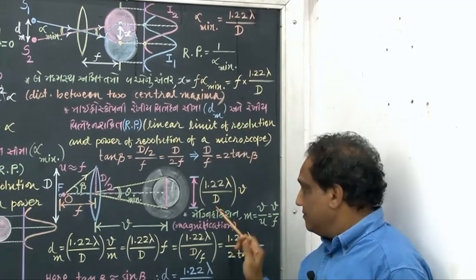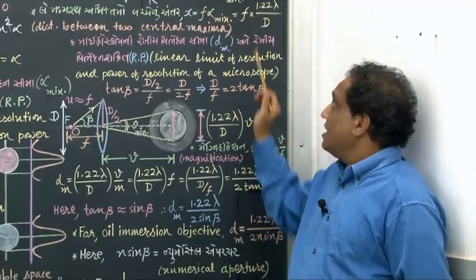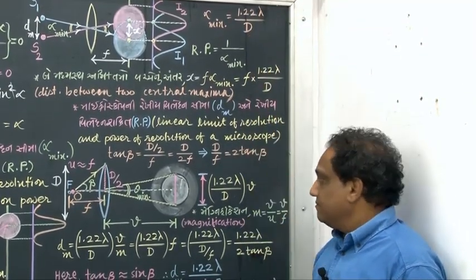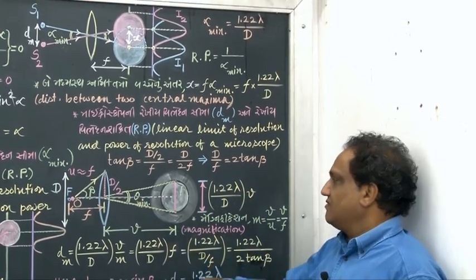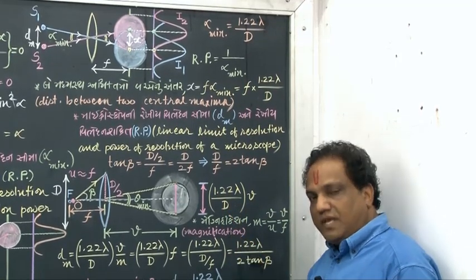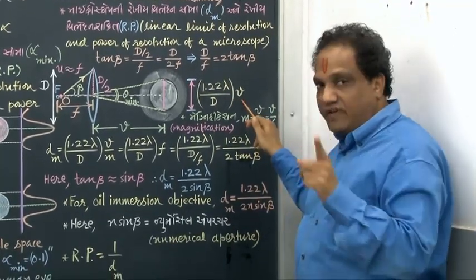But mind well, this diameter is the diameter of the objective of the microscope, and that diameter is the diameter of the objective of the telescope. This is radius, this is angle. Angle is theta minimum. Its formula is the same as this, 1.22 lambda upon capital D. In the textbook, by mistake they have written F here. It's very wrong.